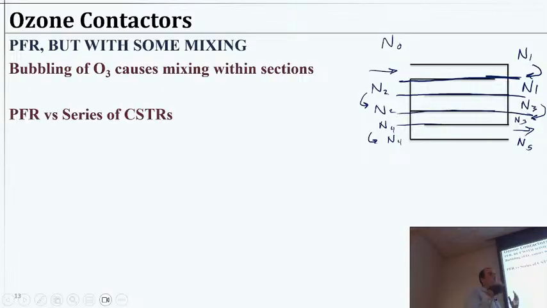Point being, what's coming out of one segment is going into the next, and we can treat each of these segments as CSTRs in series. And if you recall, we've done this before.